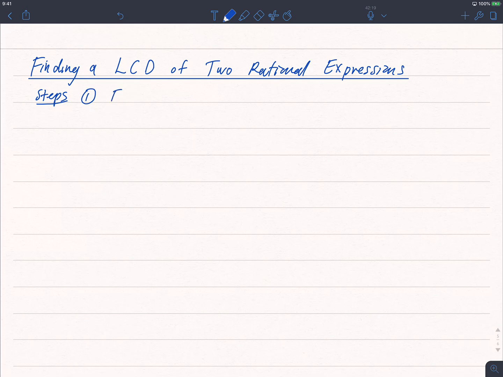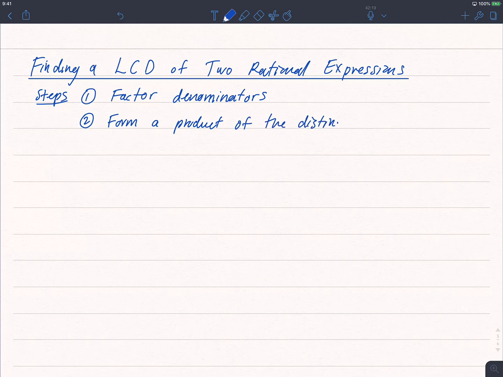So the first step is to factor the denominators involved. Second step is to form a product. This one's a little bit tricky, but we're going to form a product of the distinct factors that appear.